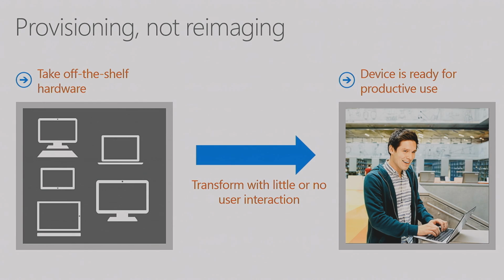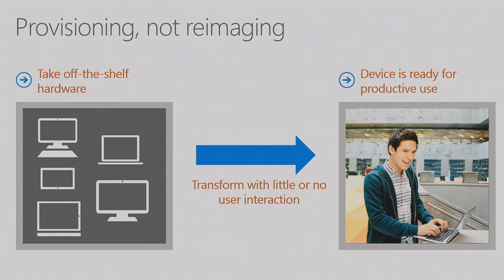And the MDM service then pushes the configuration needed down to the device. That can include changing the SKU of Windows from Pro to Enterprise, installing additional software, applying policies, any settings that need to be applied to the PC. That's the simple, automated, from the cloud solution.